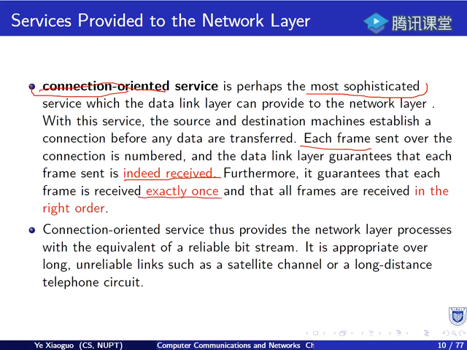Exactly once means if a frame arrives at the receiving machine twice, only one copy of the frame will be delivered to the network layer.